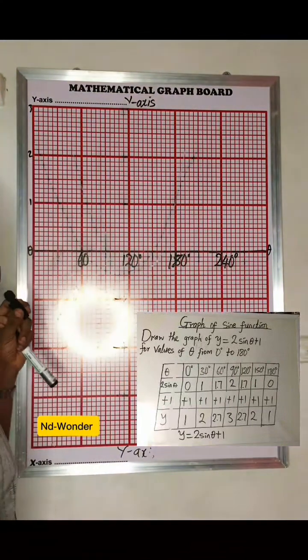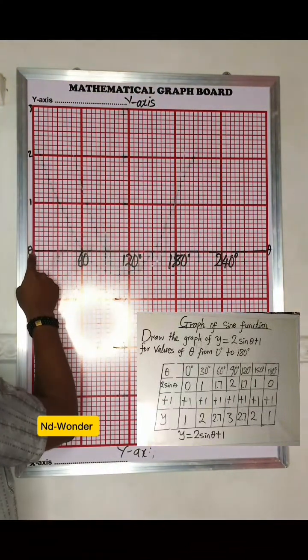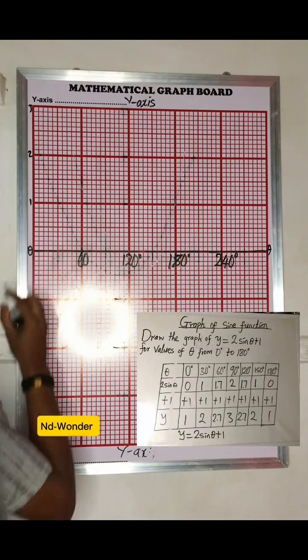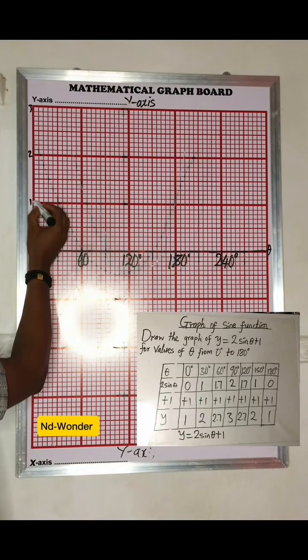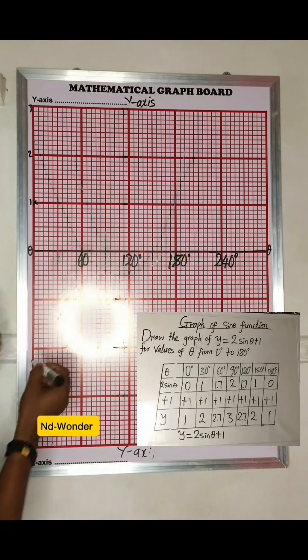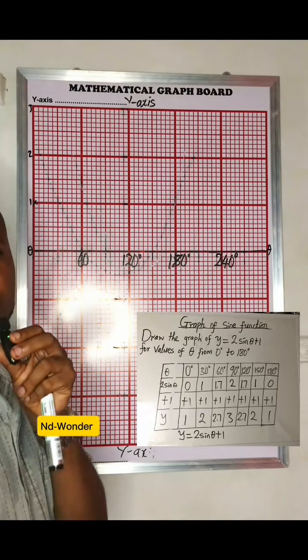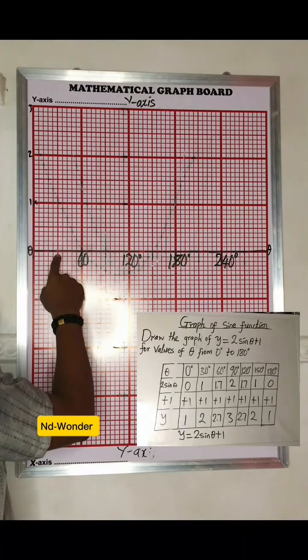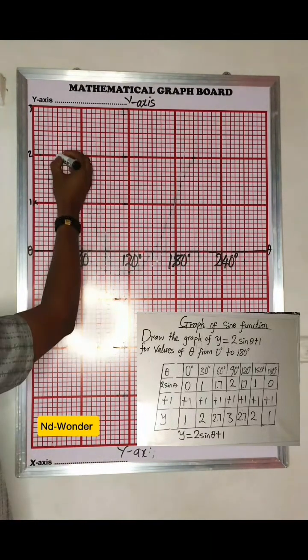We can say when theta is 0, y will be what? 1. That is where we need to mark. Next one. When theta is 30 degrees, our y will be what? 2. So it falls here.